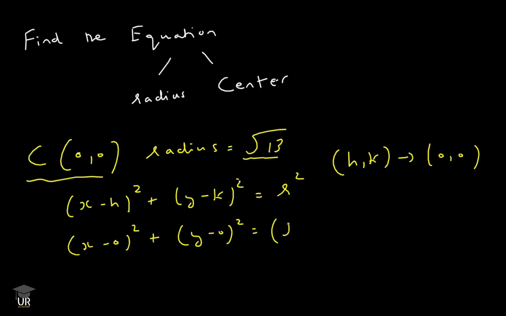So यहाँ पे under root 13 आ जाएगा, under root 13 square. So this will become x square plus y square is equal to, square and under root will cancel out, so this will become 13. So this is your answer.